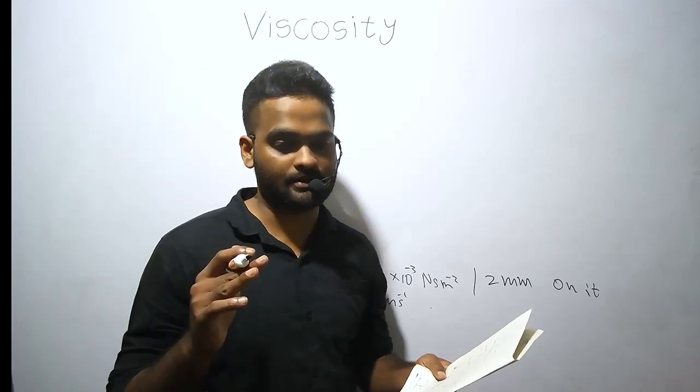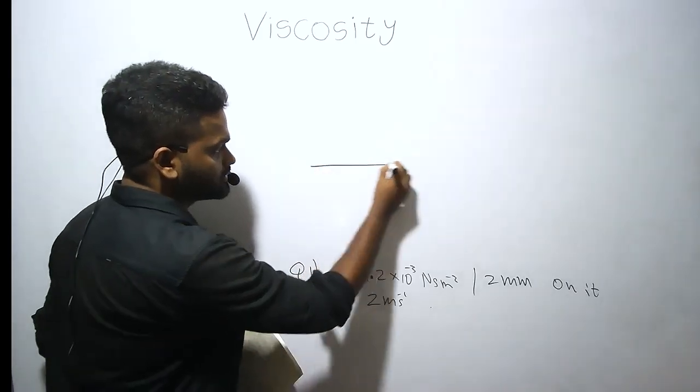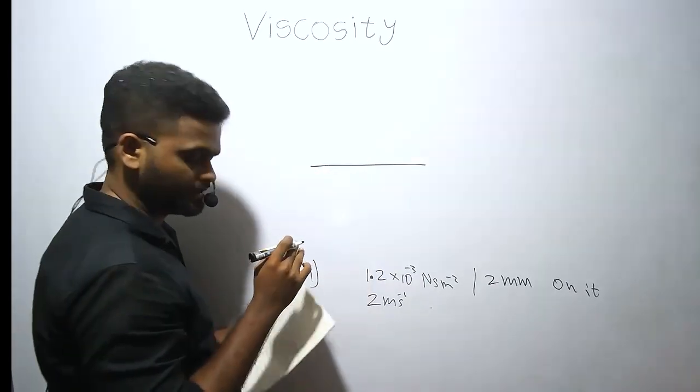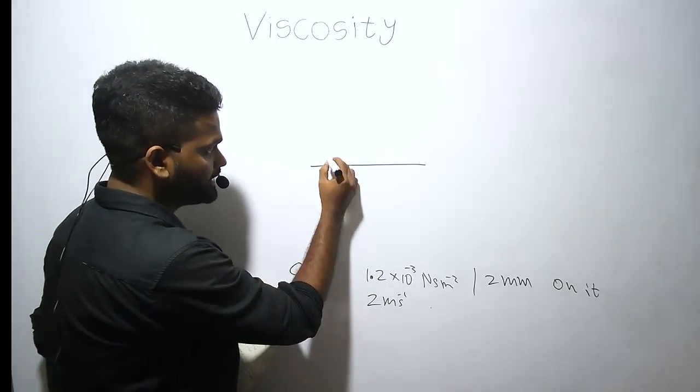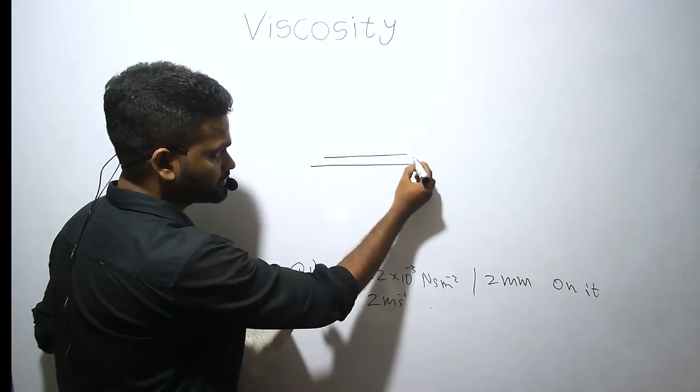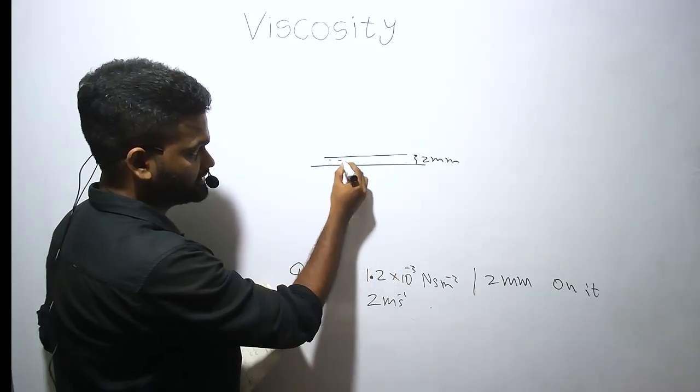So this is what happens, right? On a horizontal plane. This is a cross section, this is the horizontal plane. Liquid is applied to 2 millimeters. The thickness of the liquid is 2 millimeters. This is the liquid.